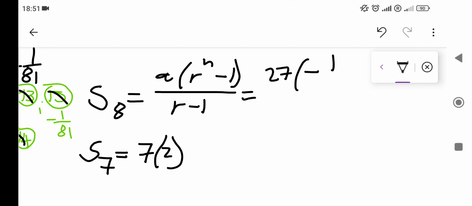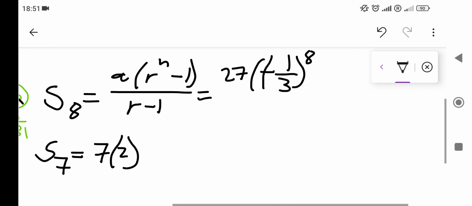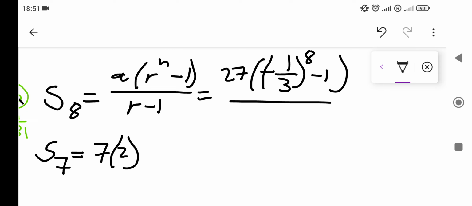So let's substitute that in r's place. Negative 1 over 3, all of this to the power, now we said it corresponds to 8 terms, so this is going to have to be to the power of 8. And then we'll say minus 1. Close this bracket over here. Divide this by r, which is still negative 1 over 3, and we are subtracting 1.